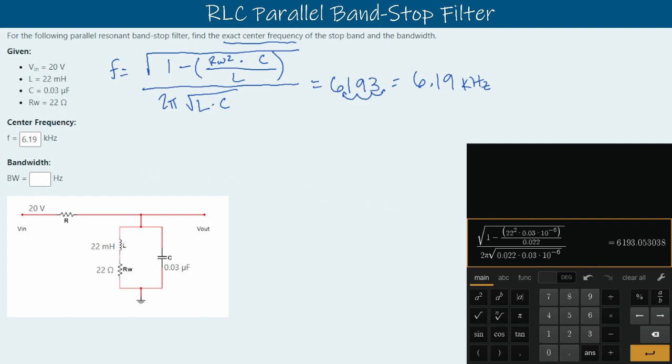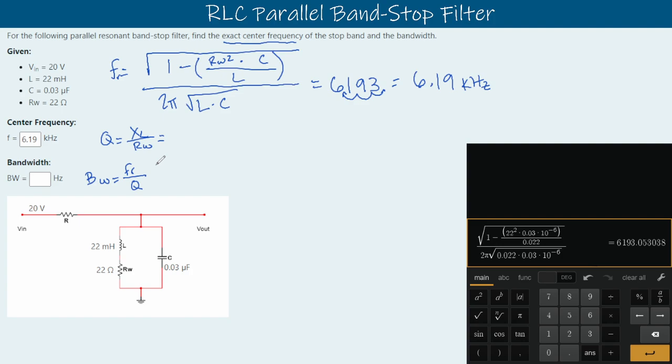After that, we can use that to figure out our Q. Remember, our bandwidth, BW, is equal to our resonance frequency, FR, in this case what we just got here, divided by our Q, and our Q is equal to our inductive components, XL divided by our winding resistance, in this case RW.